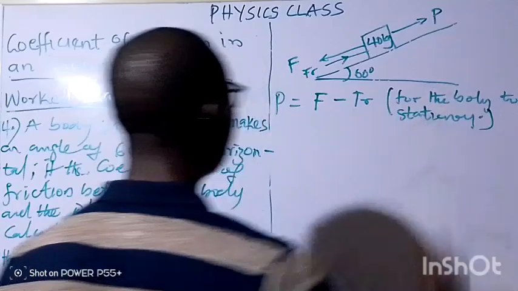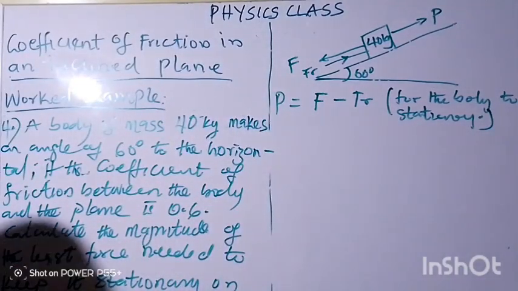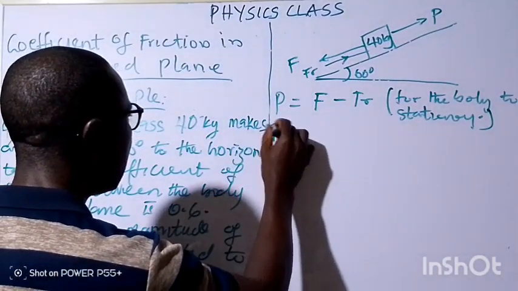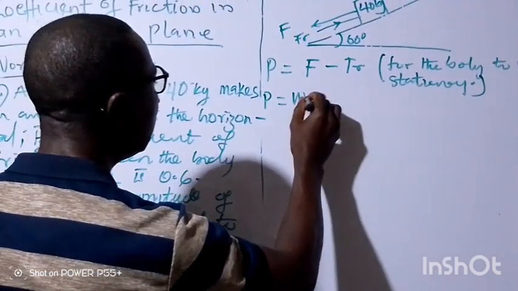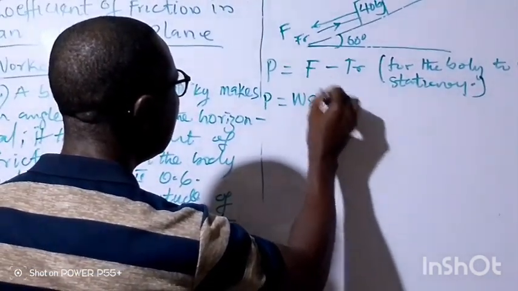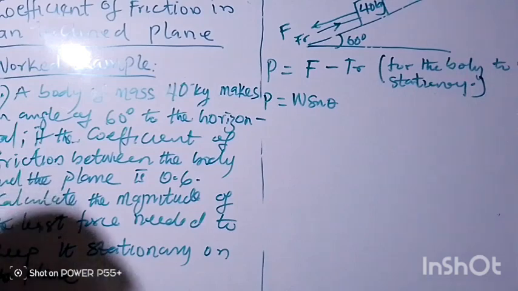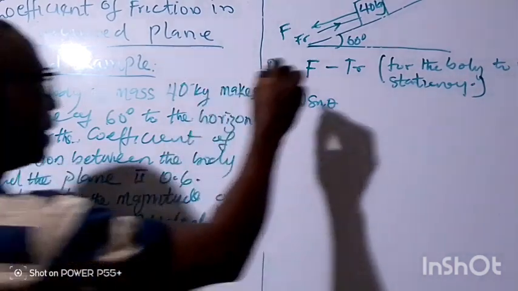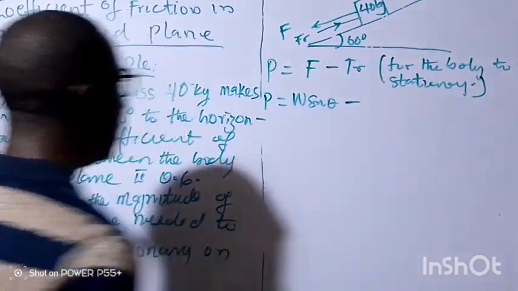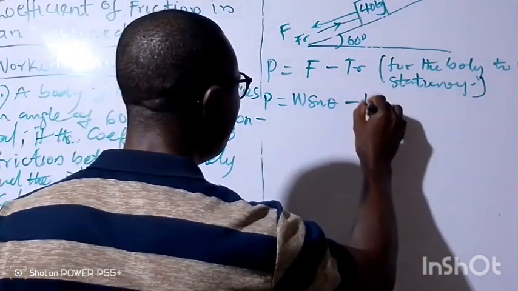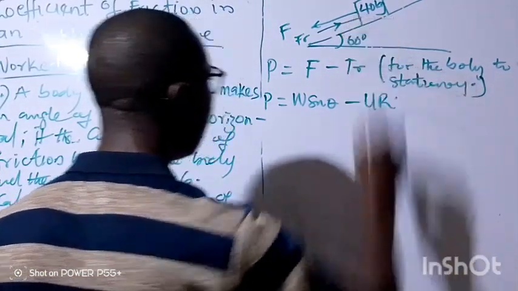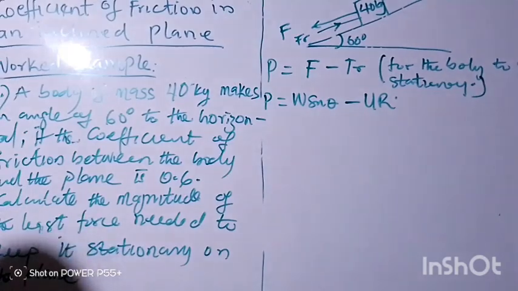So if that is the case now, and don't forget our P will be equal to W sin theta, that's the magnitude of the horizontal constant force. Then for the frictional force, that one will give us mu R, where the coefficient of friction is given.